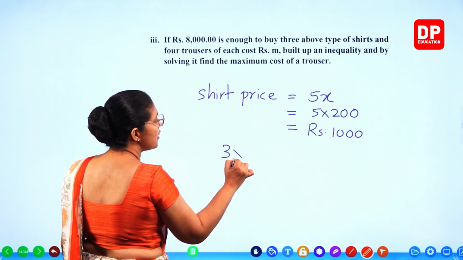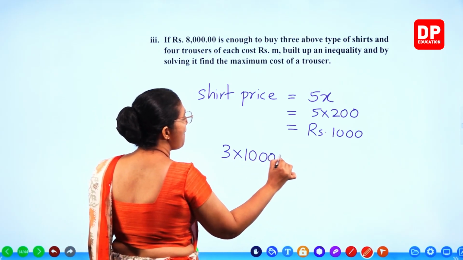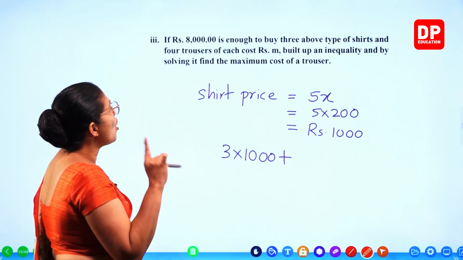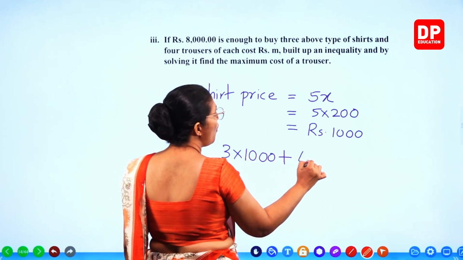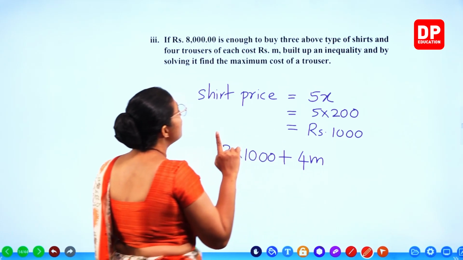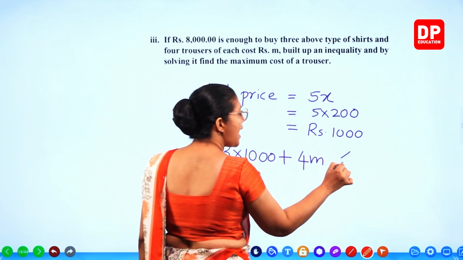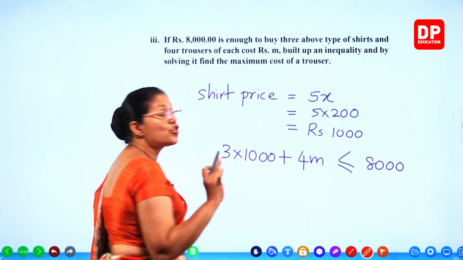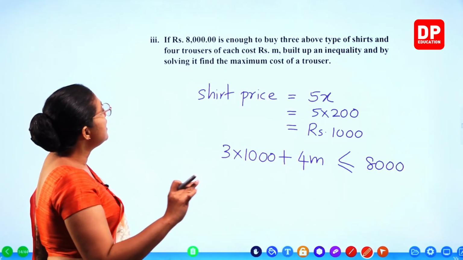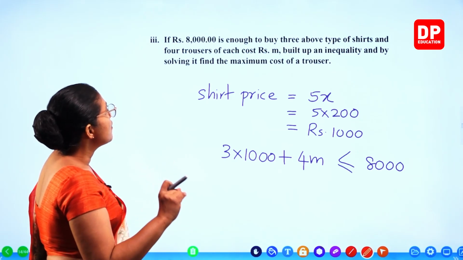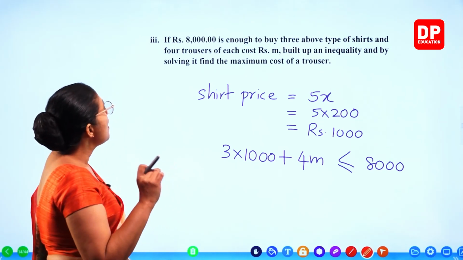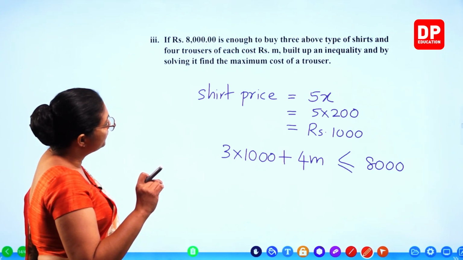So 3 into 1,000 plus 4 trousers of each cost m rupees. So 4m. Enough means it can be less than or equal to 8,000. The maximum amount should be 8,000. So this is the inequality you can create. Then you have to solve and find out the maximum cost of a trouser.